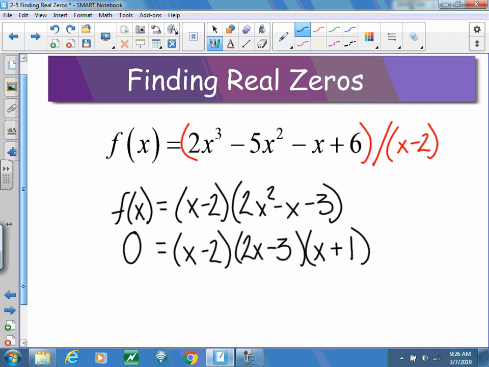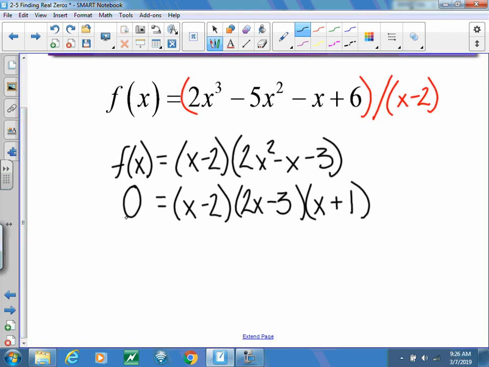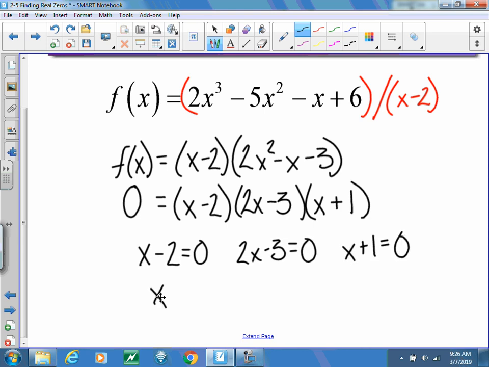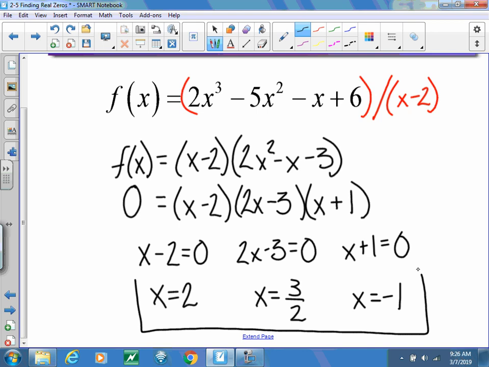So now that I'm trying to find my real zeros, trying to find all my x-intercepts, I can take each one of these factors and I can set it equal to 0. So x equals 2, which we knew from the p's and q's. Here, add 3, divide by 2, so x is equal to 3/2, and then subtract 1, and x equals negative 1. So we'll notice that we have 3 solutions.